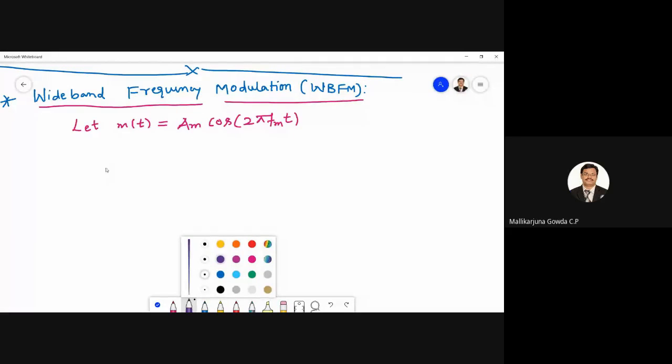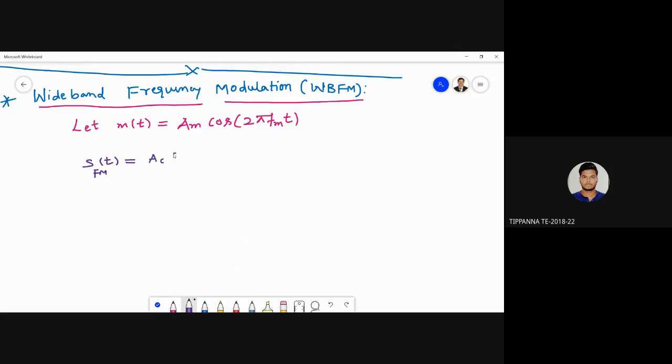S of t is equal to Ac cos of 2 pi fc t plus beta sin 2 pi fm t. This we have already discussed many times. So this is the expression for FM signal when m of t is a sinusoidal signal.